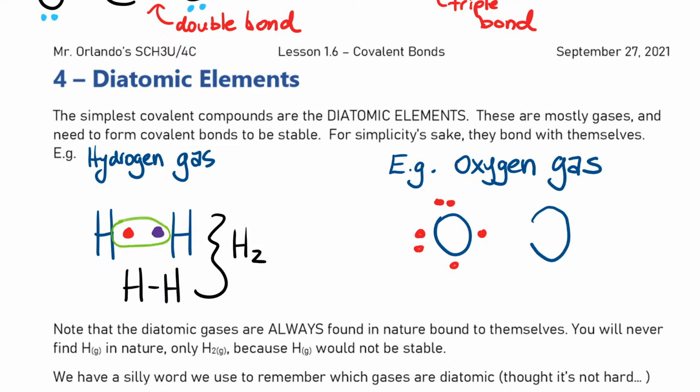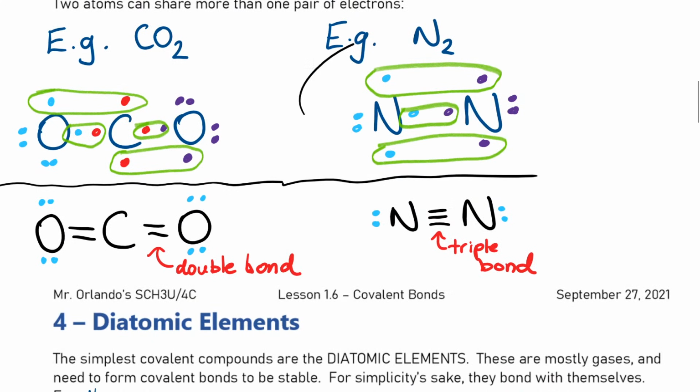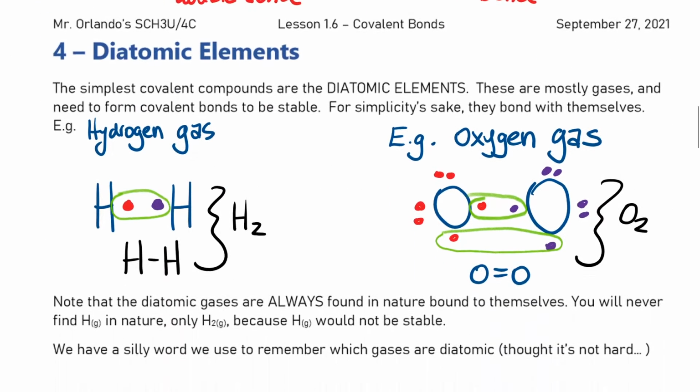So they will find another atom that has 6 electrons in its outer shell, and they will form 2 bonds. And we will get oxygen looking like that, and we give that the formula O2. And of course, up here we looked at the example of nitrogen, and it has a formula of N2.